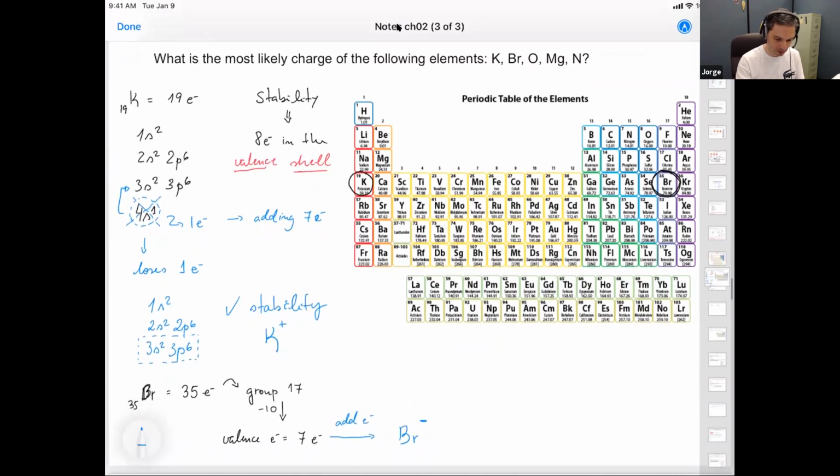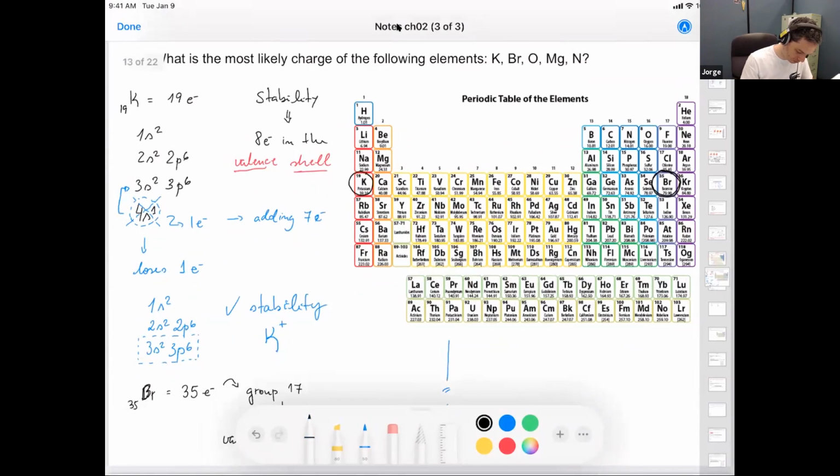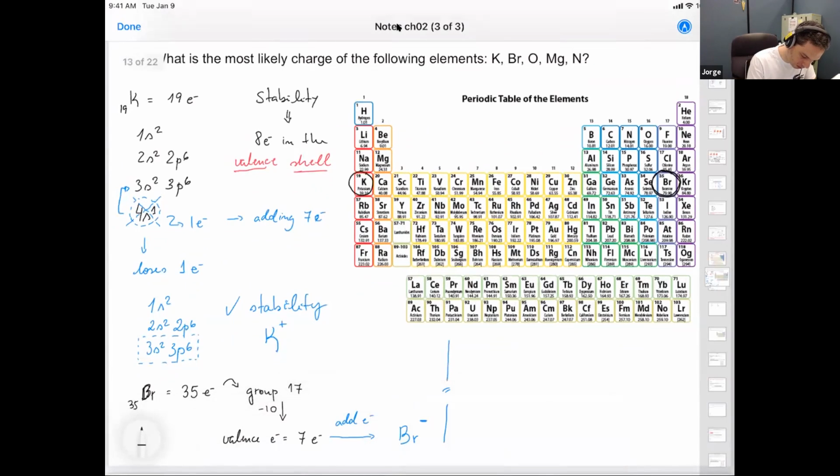Okay, so now let's look at oxygen. Oxygen right here, top of group 16. Atomic number for oxygen is 8.